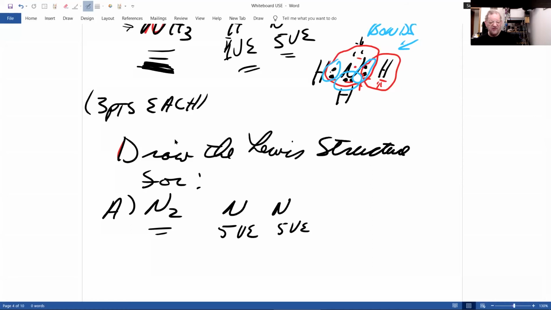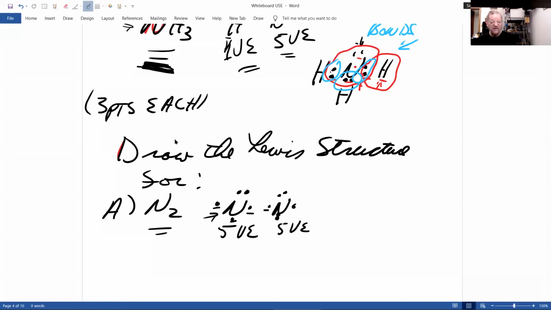Now, what I'm doing here, you don't have to do on a test, but this will help you understand. So I'm going to put 1 on each side. That's 4. Now double up. 1 on each side. Now double up. Now, this nitrogen says to the other one, I have 3 unpaired electrons.